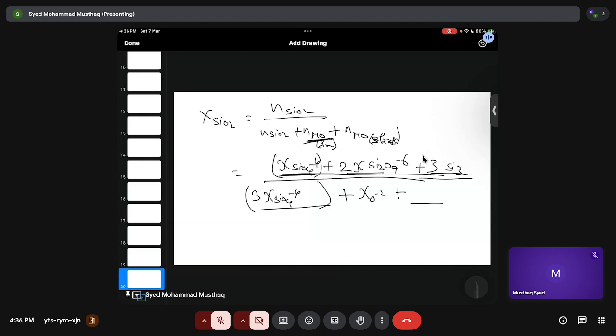You are equating the silica to the number of moles of free oxide that is present or being added. So it becomes 3 moles. And if you have this 2, again you need to add 2 extra moles, and that will become 5. So that's how you add 2 moles for each of them.